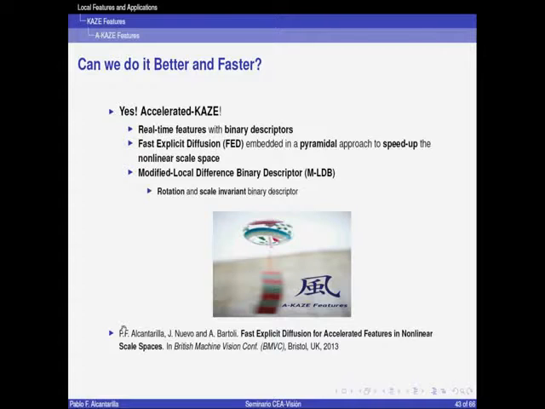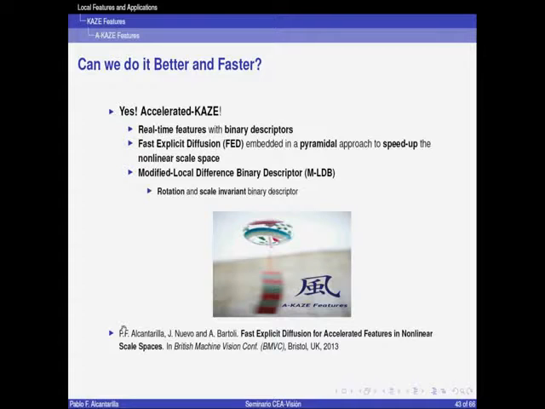So in this paper we show that we can obtain real-time features, computed from nonlinear scale spaces using highly efficient binary descriptors. And we introduced two main ideas with respect to the original KAZE pipeline. The first idea was to use fast explicit diffusion embedded in a pyramidal framework to dramatically speed up the nonlinear scale space computation.